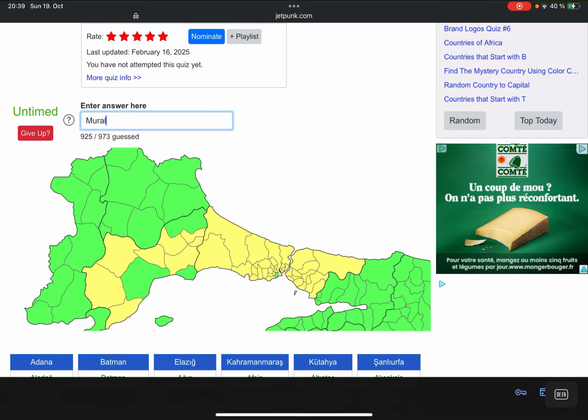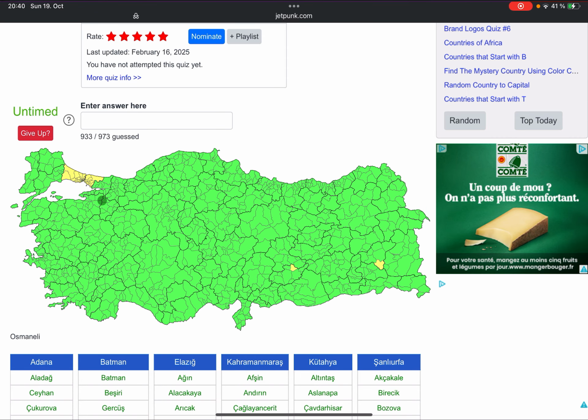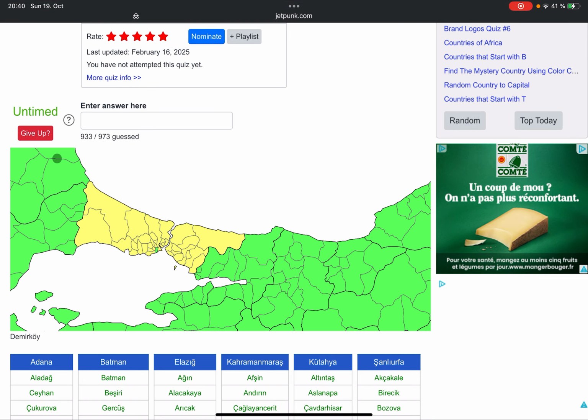So we have Muratlı, Hayrabolu, Malkara, and Şarköy. And over here we have Kapaklı, Çerkezköy, Çorlu, and Ergene. Which brings us to our very last province, and that's the province, of course, of Istanbul.